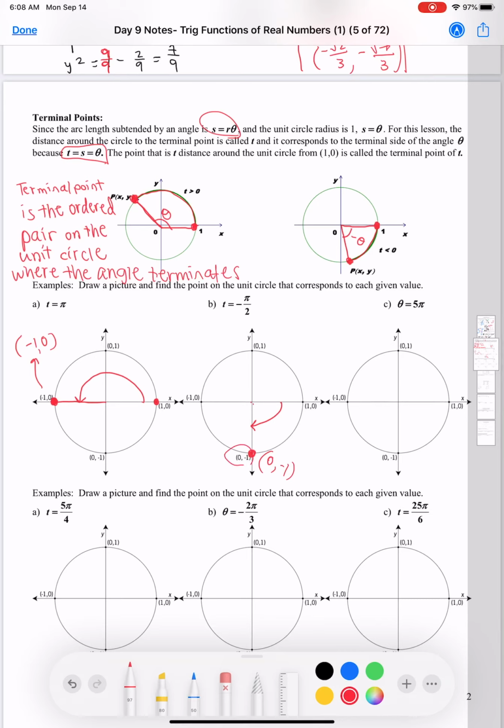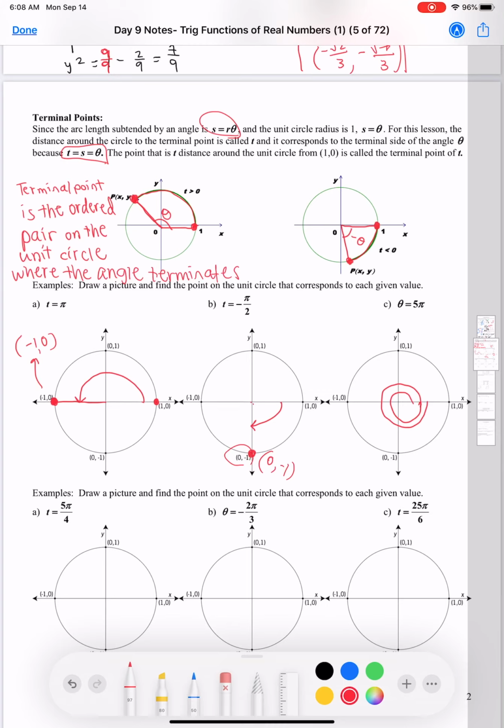All right, 5 pi. Well, we know a full rotation is 2 pi. So if I start here on my x-axis, I'm going to go counterclockwise. If I go around the circle all the way, just one time, that's 2 pi. Now I'm going to go around again. That's another 2 pi.